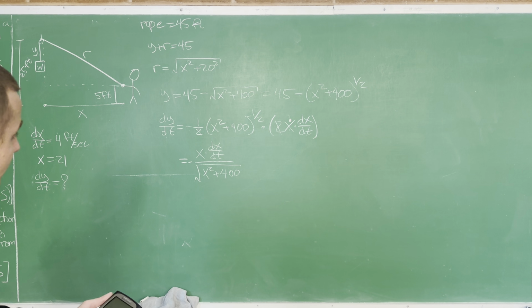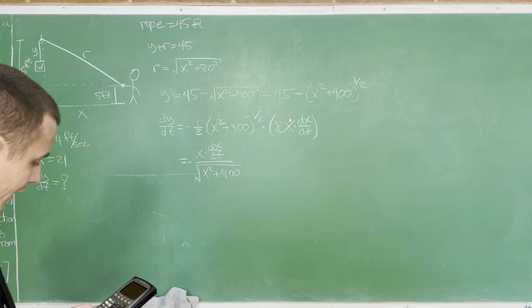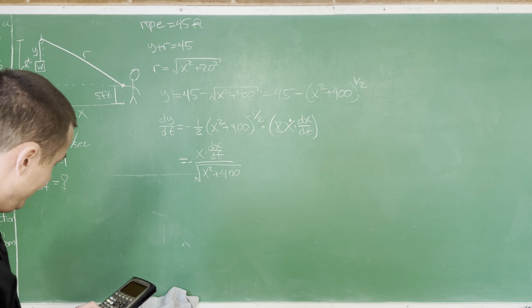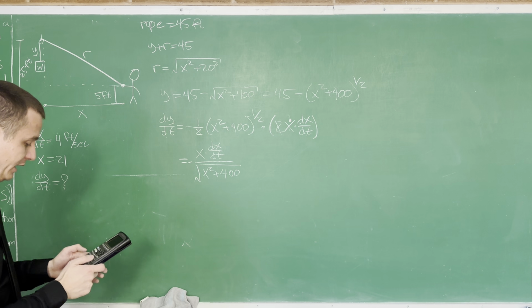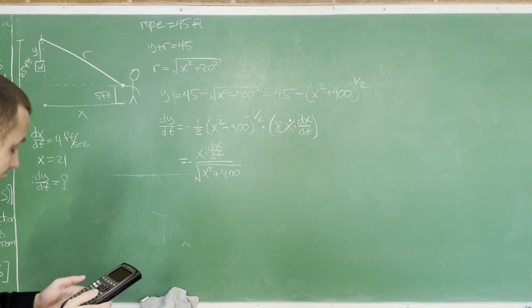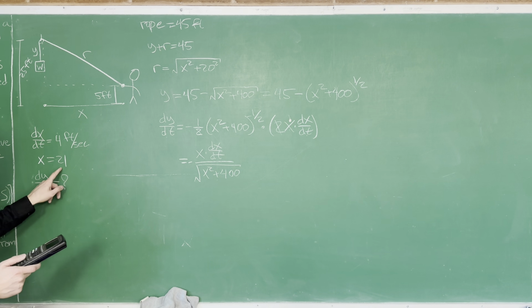Okay. So in our numerator, we have negative times x, 21, times dx dt, which is 4, divided by the square root of 21 squared plus 20 squared, or 400.